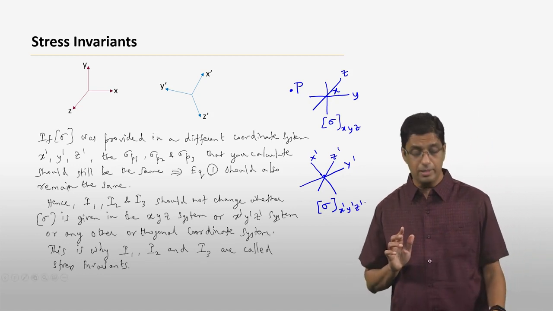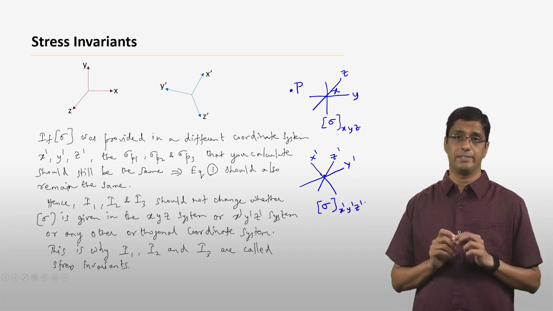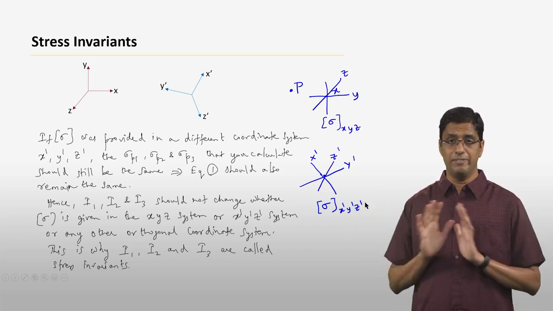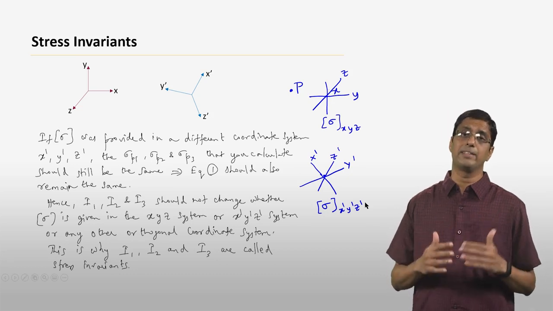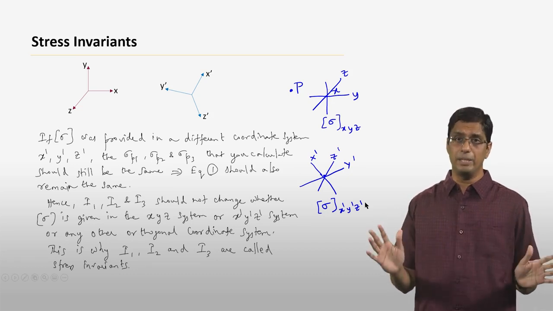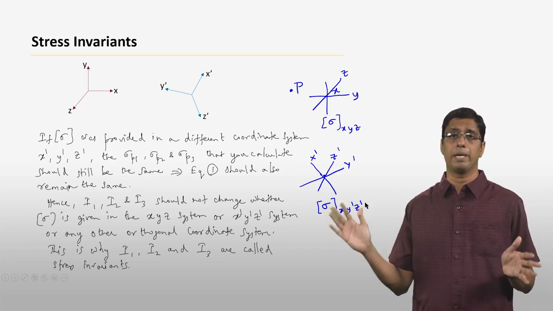So I want you to remember that the body is the same, the point you are considering is the same, the loading is the same, everything is the same. The only thing that we are doing differently is that we are looking at the stresses on three different planes passing through the same point. And those three different planes are the x prime, y prime, and z prime.